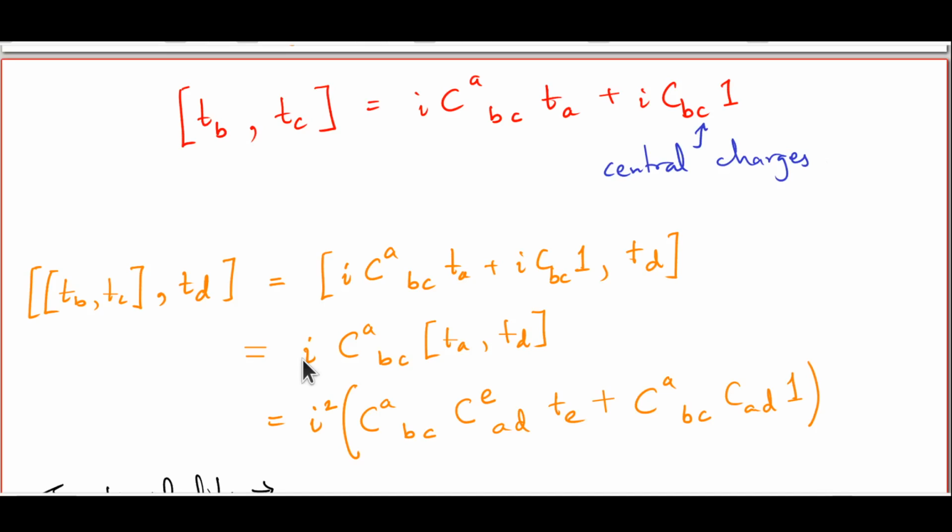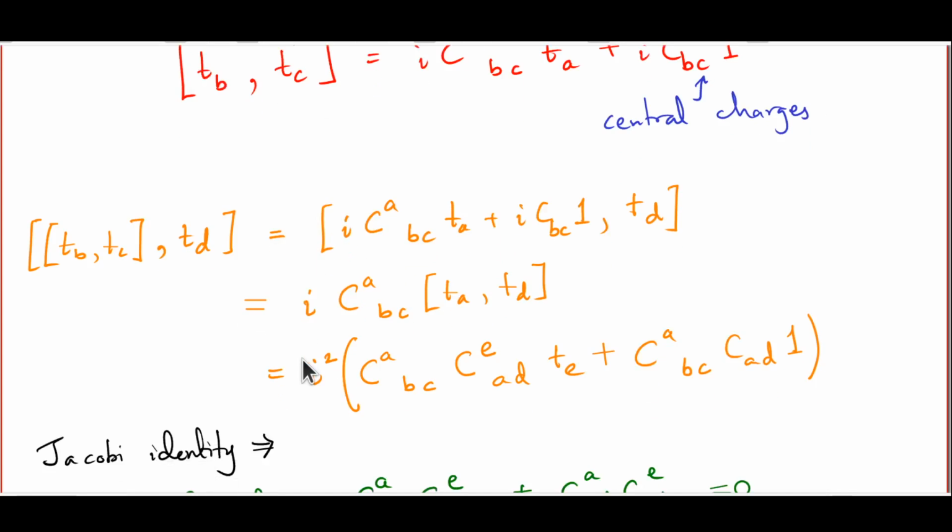Now of course, according to our new rule, TB-TC's commutator is iCABCTA plus iCBC times the identity, and we have to calculate the commutator of that with TD. Since the identity, the so-called central charge, commutes with every generator, it drops out of the commutation relation, and you are left with i times CABC times the commutator of TA with TD.